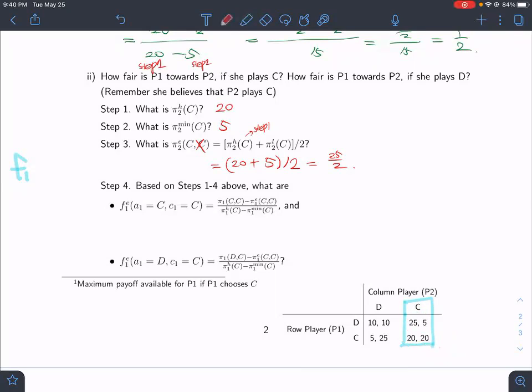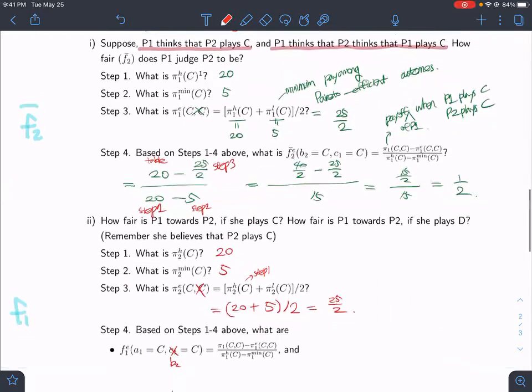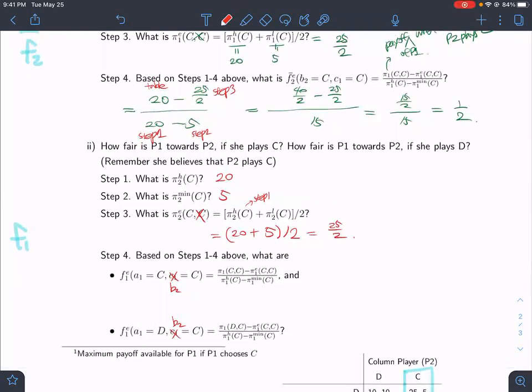I just noted that this was a typo: C1 should be B2. Based on steps 1 to 4, let's calculate this.